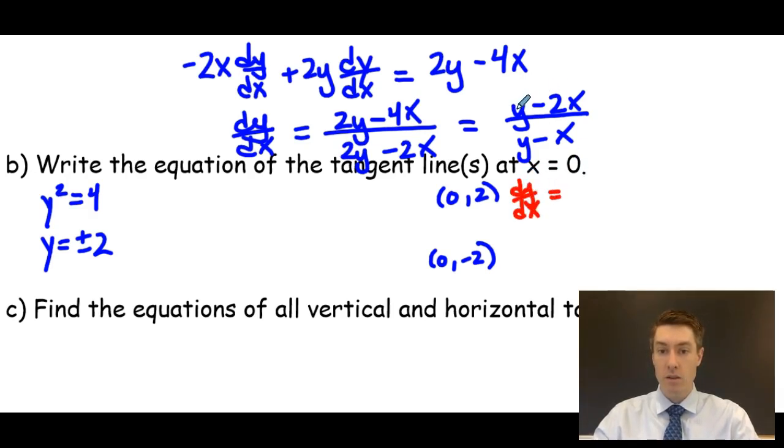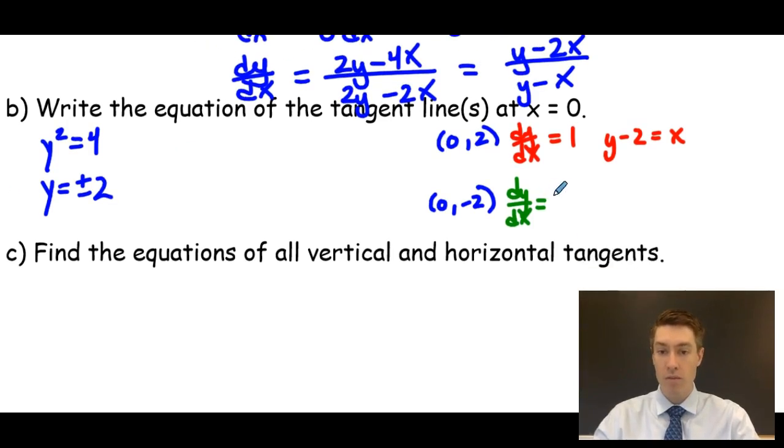That's going to be 2 over 2, so that's 1. So we get y minus 2 equals x. And then at (0, negative 2), the slope dy/dx is equal to negative 2 over negative 2, so 1 as well. So y plus 2 equals x.